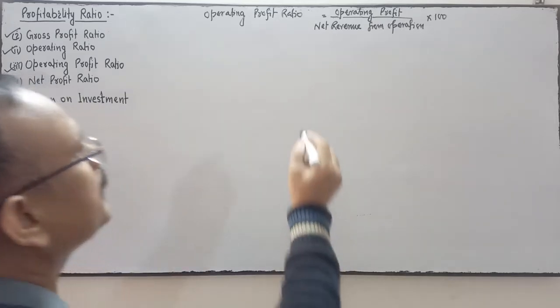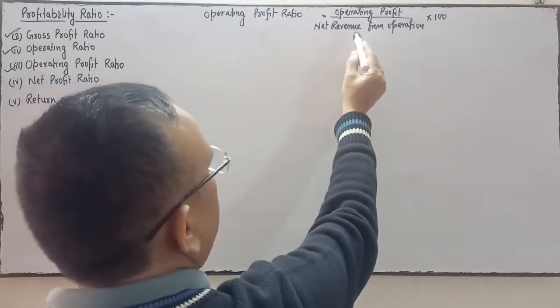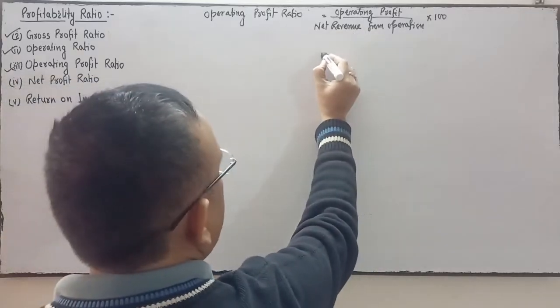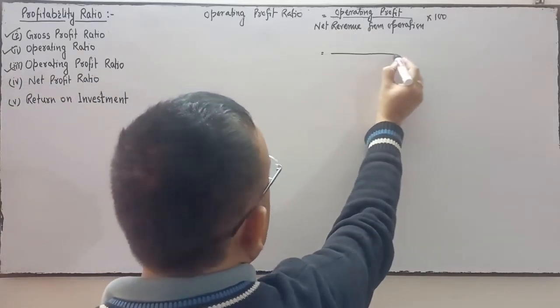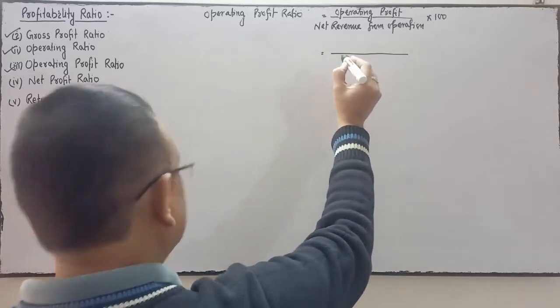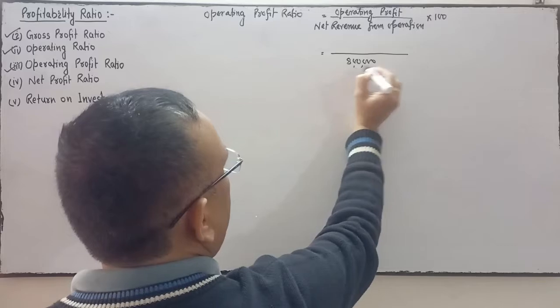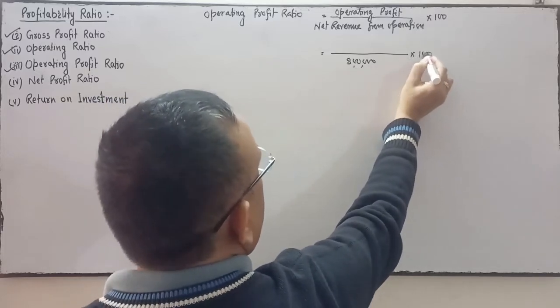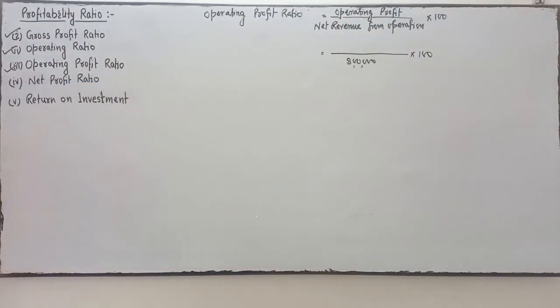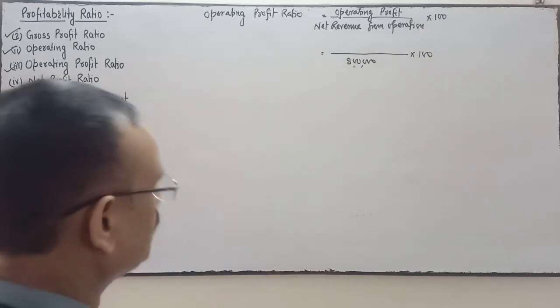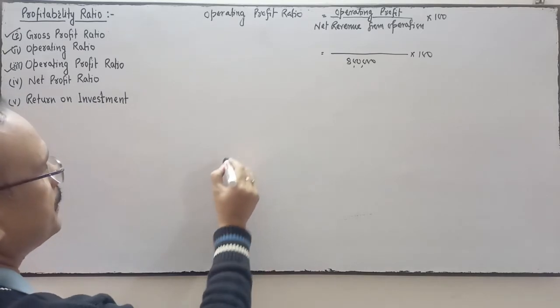So operating profit ratio is operating profit upon net revenue from operation. Net revenue from operation is given, that is 8 lakhs. Operating profit is not given in the question, so we'll calculate the operating profit first. Gross profit ratio is 25% on cost.